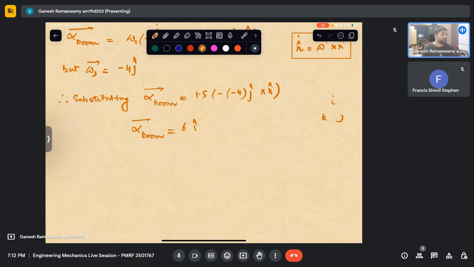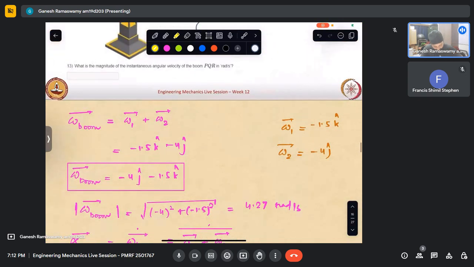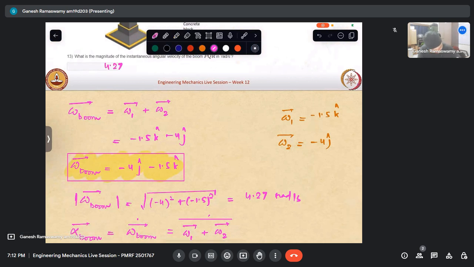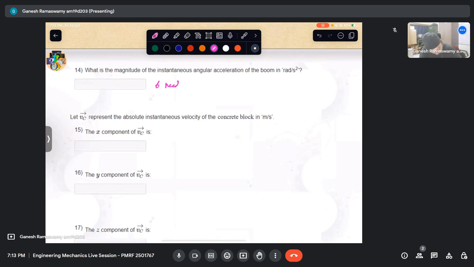It is 6 j, 6 i, sorry. Very well. So we have got alpha and we have got omega previously. So this we know it is 4.27 radians per second. Then what is asked? It is per second squared.